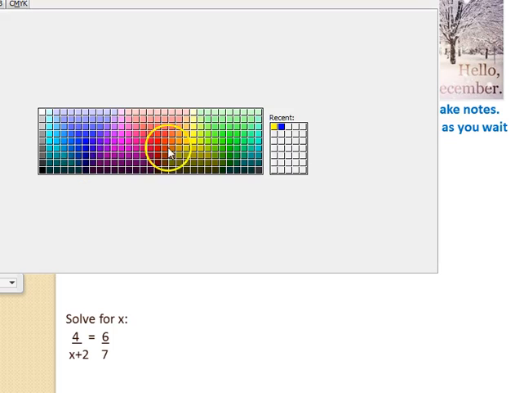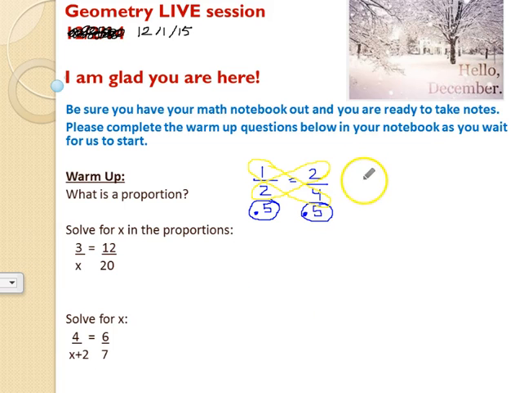So when you cross multiply, if you get the same product, those 2 fractions are in fact a proportion.